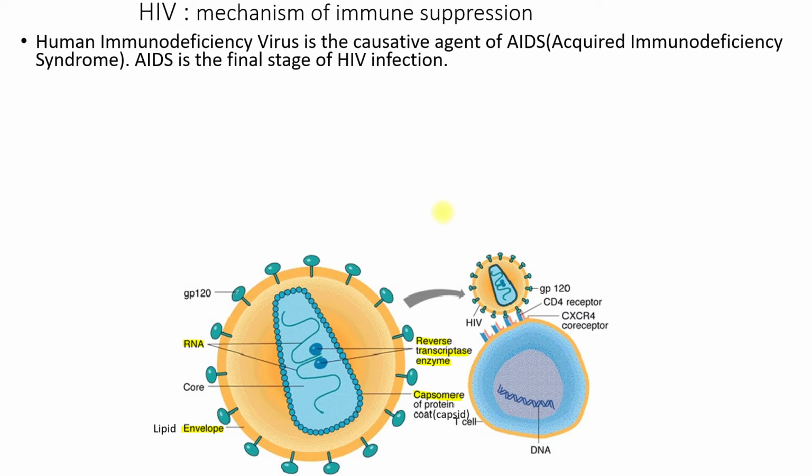Initially that individual has HIV infection, and towards the end of the HIV infection, only then does that individual have AIDS, when the immune system is already collapsed, and that's when opportunistic pathogens kick in and cause opportunistic complications.